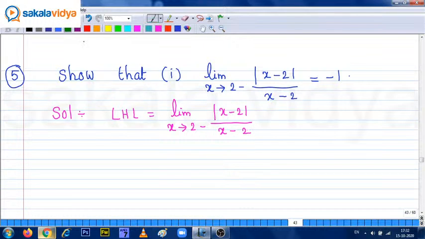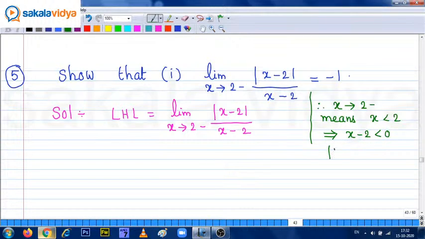Now an interesting concept needs to be discussed here. x tends to 2 minus means x less than 2. Bring to this side, that means x minus 2 is less than 0. If x minus 2 is less than 0, the mod of x minus 2 is defined as minus of (x minus 2). Please remember like this.